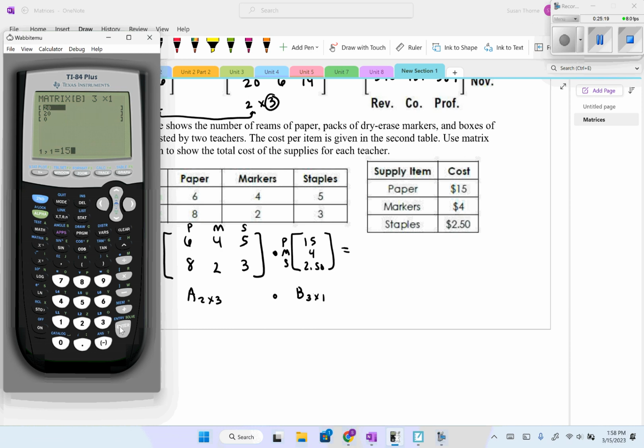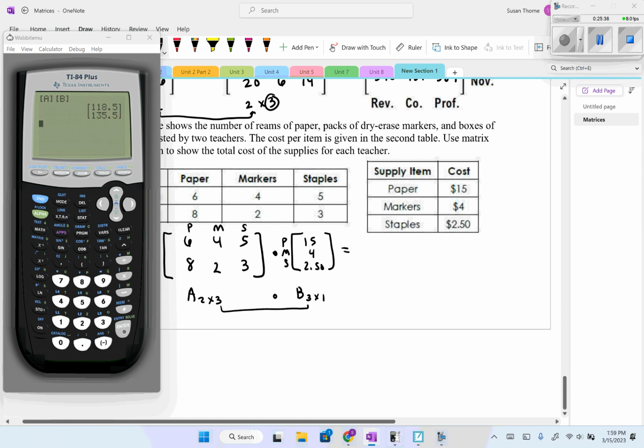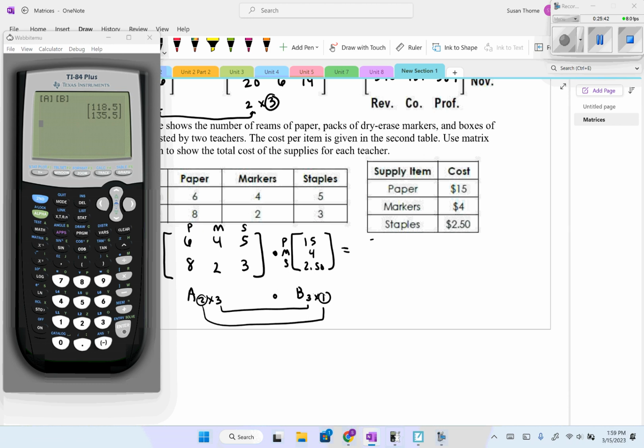So 15, 4, and 2.5. And so for this, if we go out of here and do matrix A times matrix B, that gives us our product, which we know we can multiply these, and the product is a 2 by 1 matrix.